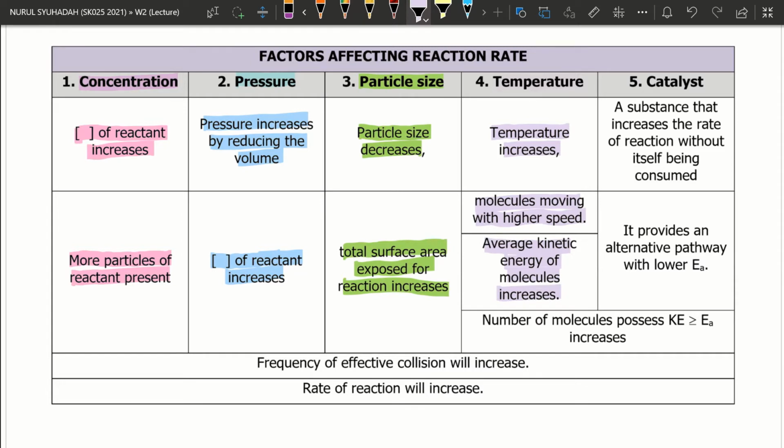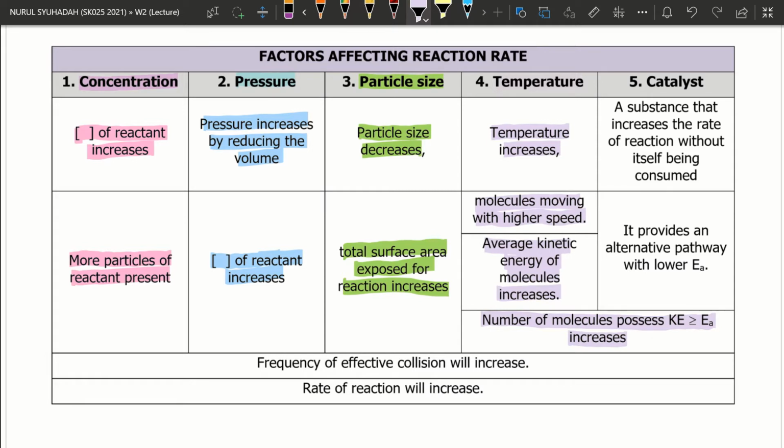So when we talk about temperature, we will always relate it with the average kinetic energy. Higher temperature, more energy, the molecules will move faster, so the collisions will increase. So that's why the number of molecules possessing kinetic energy equal to or more than the activation energy will increase.